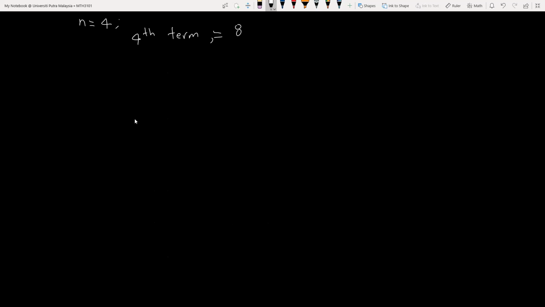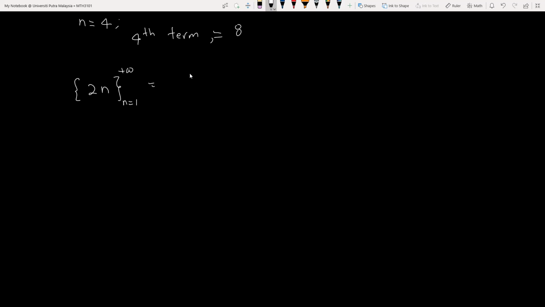Since this is an even number, you can write it as 2n, with n starting from 1 until positive infinity.